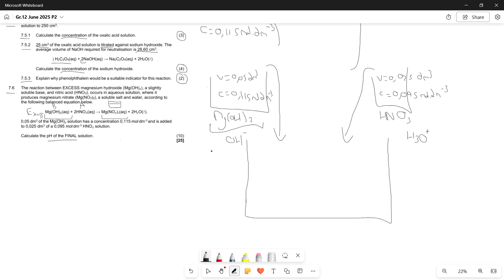In this case, let's say we have an army of 4 people, for example. And on this side, we have an army of 2 people. These are our H3O pluses from our acid. These are our OH minuses from our base. The fact that it has excess magnesium hydroxide at the end means that in this war, one of these will take out one of these and give away an H and form water on both sides.